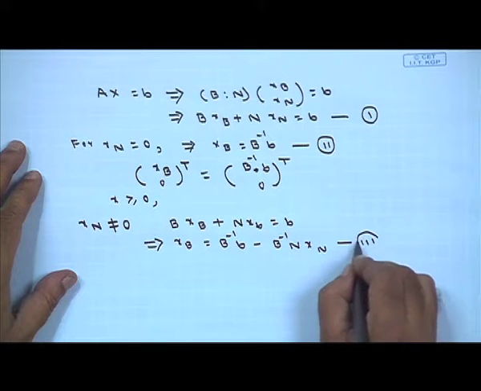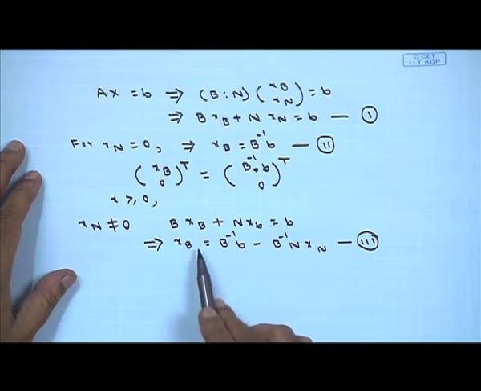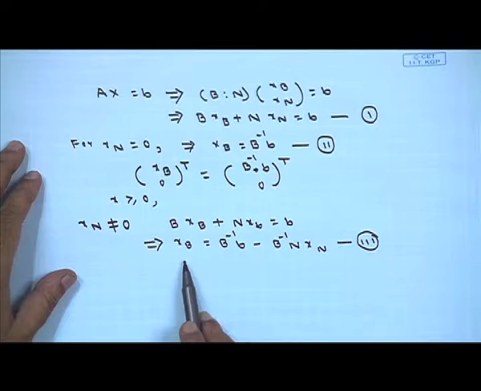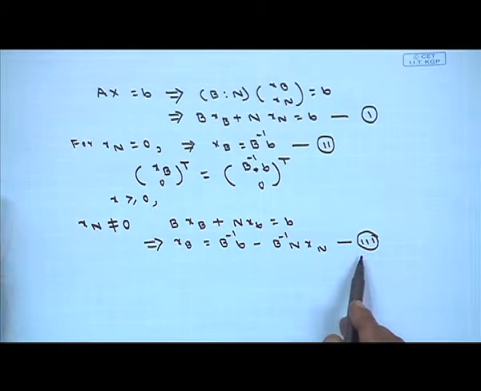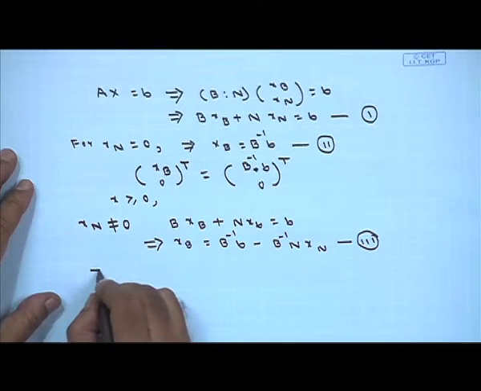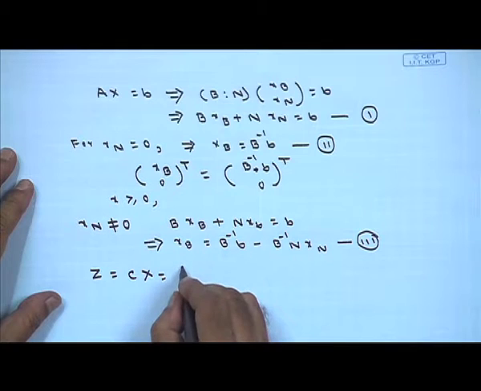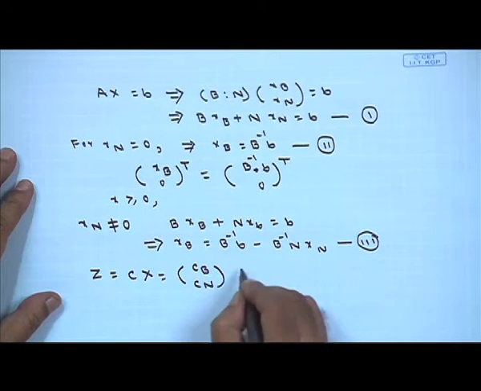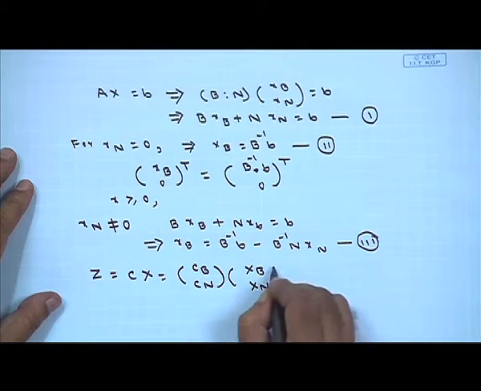This is equation number 3. So, for xn not equal to 0, from equation 1 we can write xb in this form, which we denote as equation number 3. Now Z equals Cx, and Cx can also be written as Cb, Cn times xb, xn transpose.